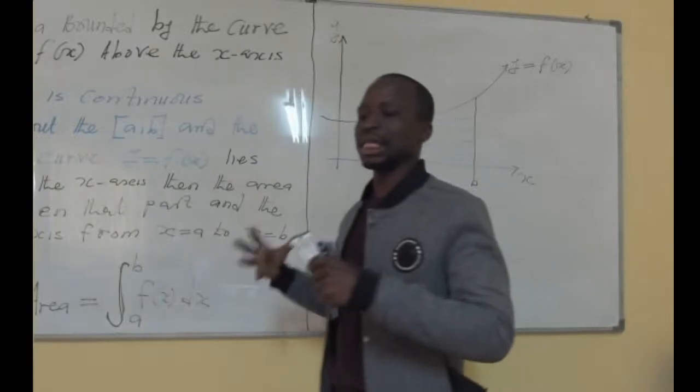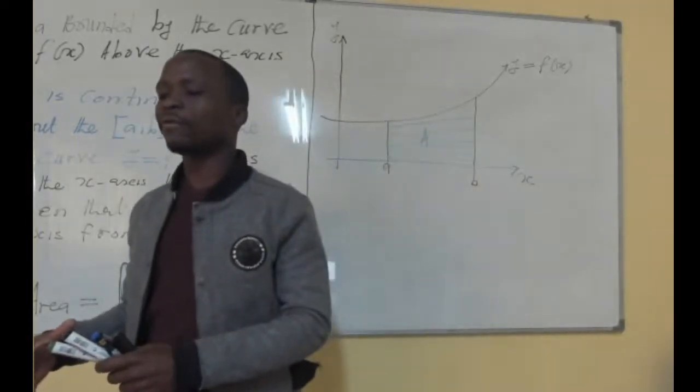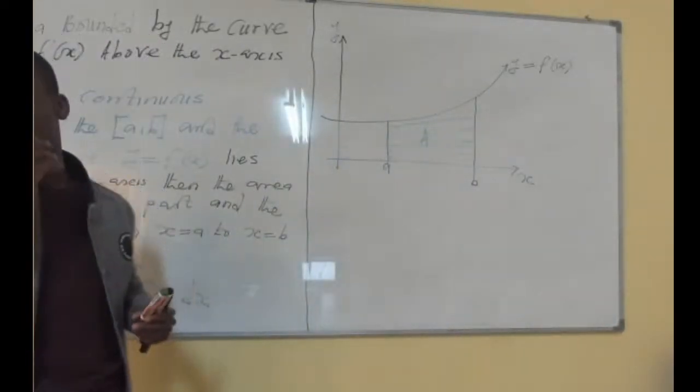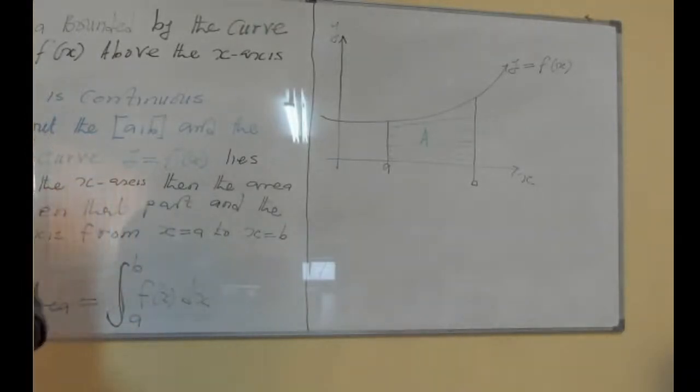So it is just the definite integral of that function. Now let's look at an example. There are about 2 examples in each part of the topic, but I'll not be looking at all of them. I'll just be looking at one at most of the times.